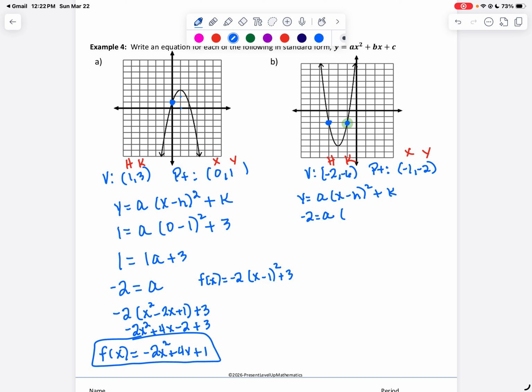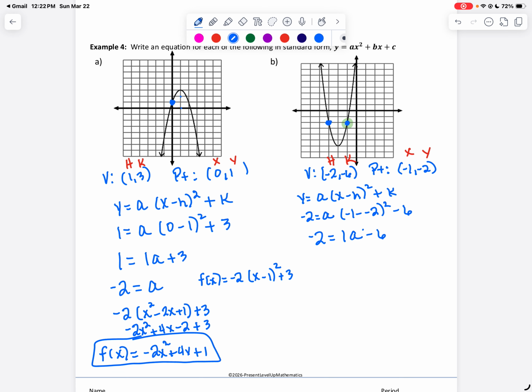For x, I'll plug in negative 1 minus h, which is negative 2, squared, plus k, which is minus 6. All right, simplify that. Negative 1 minus negative 2 is the same thing as negative 1 plus 2, which is 1 squared, which is 1a minus 6.